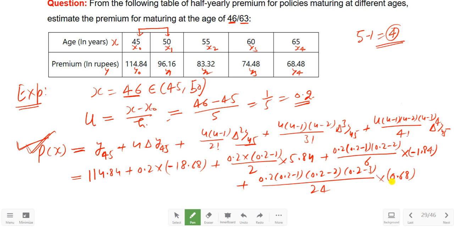When we simplify this with the help of the calculator, we obtain 110.5, correct to 2 decimal places.